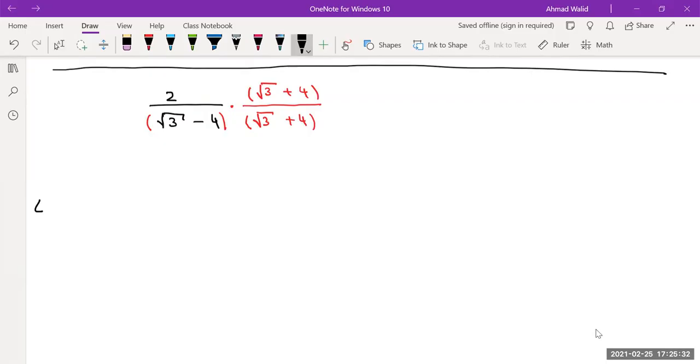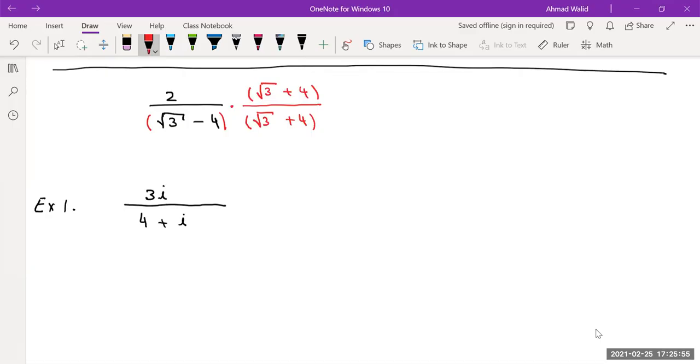Let me explain it in an example. Example number 1, I'll copy it from your book. If they give me 3i over 4 plus i, and they ask me to simplify or divide, what should I do?